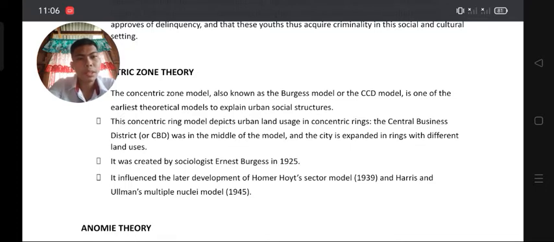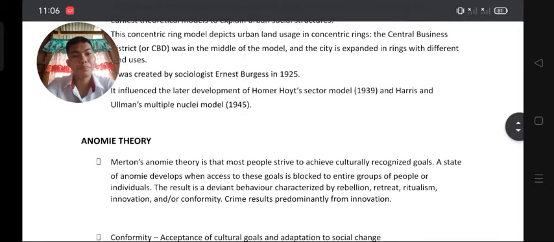The central business district, or CBD, was in the middle of the model, and the city expanded in rings with different land uses. It was created by the sociologist Ernest Burgess in 1925. It influenced the later development of the Homer Hoyt sector model in 1939 and Harris and Ullman's multiple nuclei model in 1945.